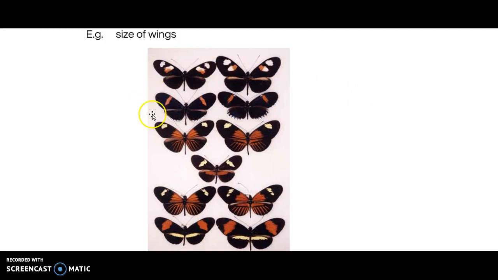And so I want you to examine, well, what might be some challenges with the morphological species concept? What are some challenges that you might perceive here? Certainly some benefits of this concept is that we're using some characteristics that are fairly easy to see. It doesn't require a lot of technology.